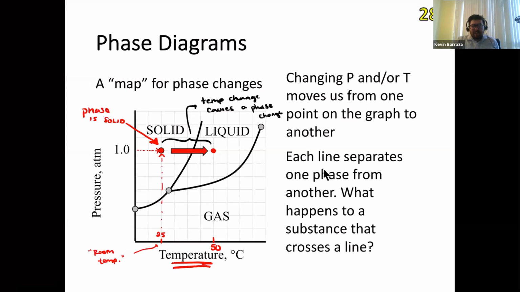So, I already mentioned that the line separates one phase from the other. What happens when we cross the line? When we cross the line, we go from one phase to the next. So we're going through phase changes here. Not only can we understand matter through our classifying in the beginning of the lecture, but now we can use a phase diagram to predict how matter will change physically under temperature or pressure if I push on it.